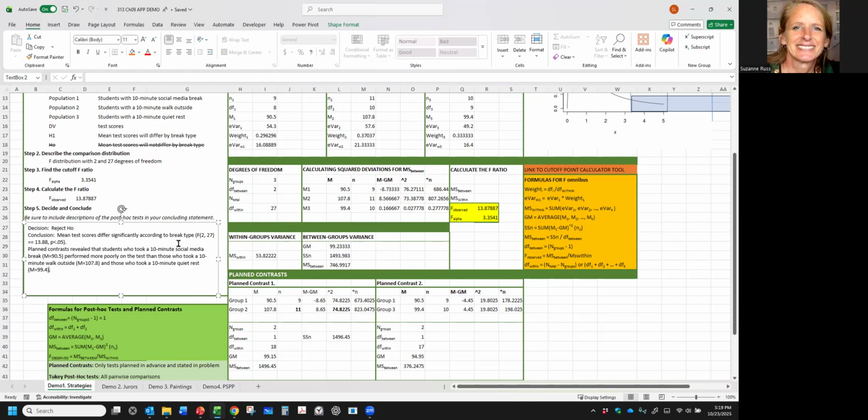Now, we also want to tell what the F tests were for these comparisons. So first we compared the ones who took a 10-minute social media break with those who took a 10-minute walk outside. So let's put the F test for that result. We're going to put F, and then in parentheses our 1 and our 18 for our degrees of freedom.